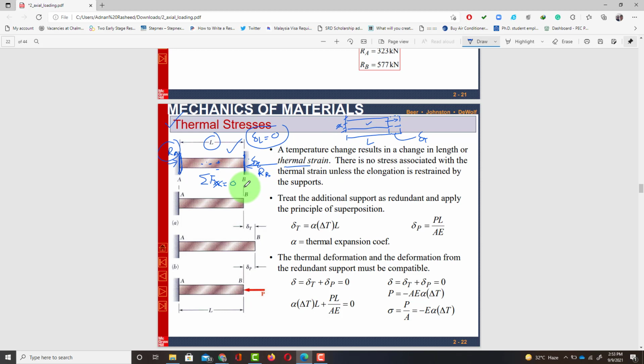So let's start. Assume that this bar is fixed at one end, but at the second end it is not supported.